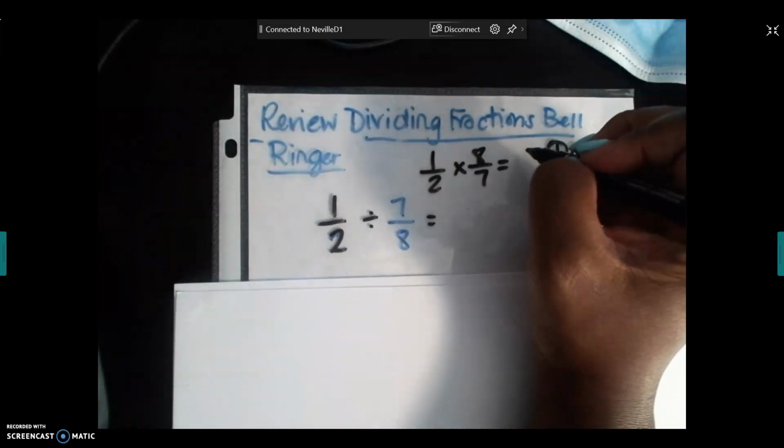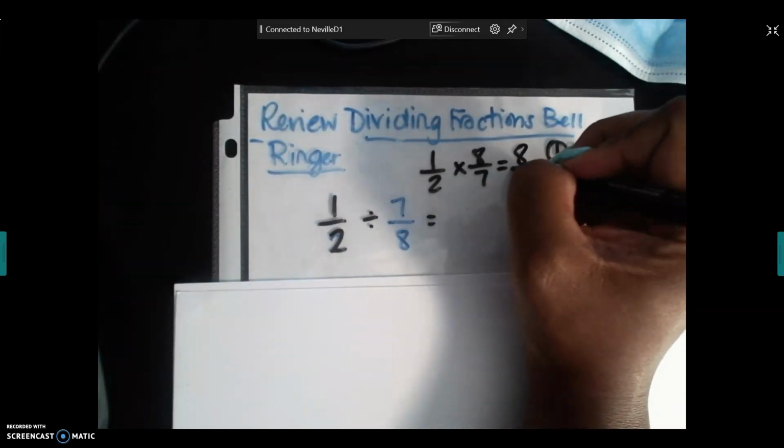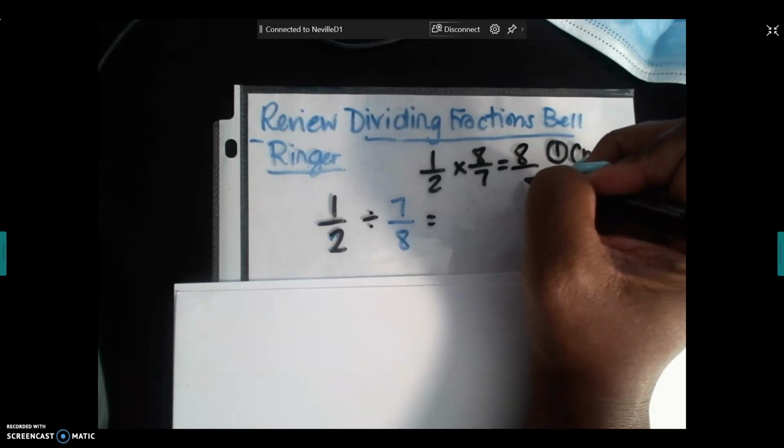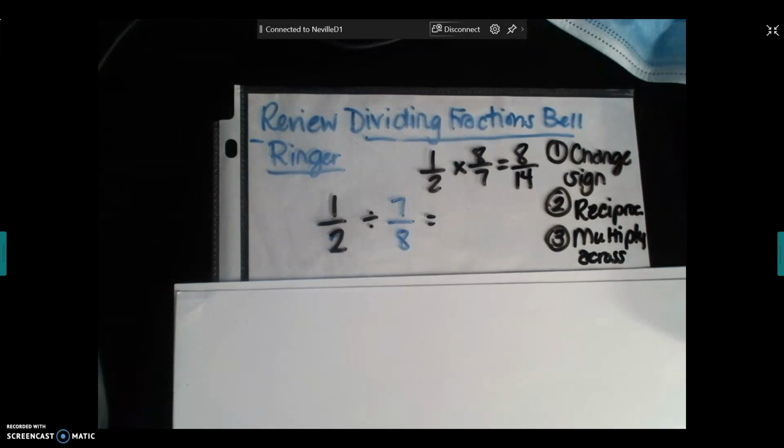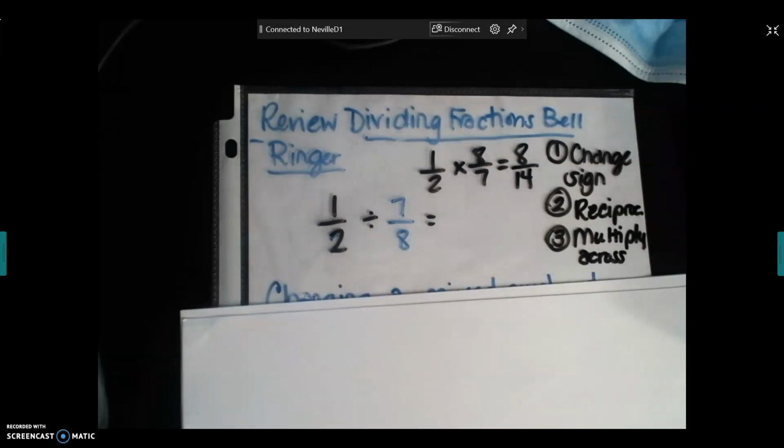And we're going to multiply straight across. 8/14. Is that in simplest form? So our step 4 would be to simplify if needed.